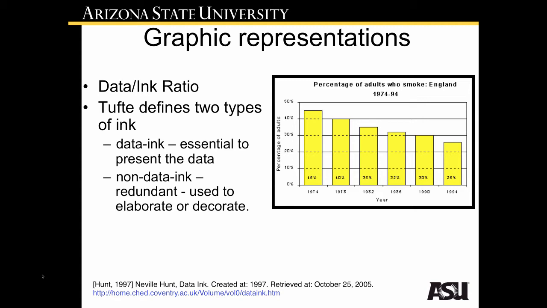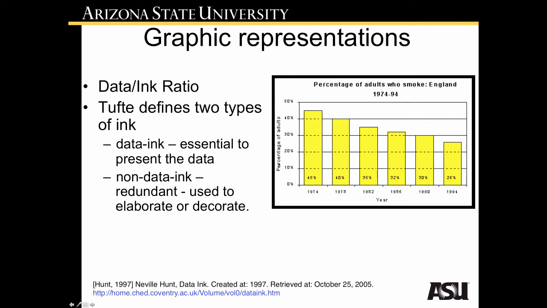Here's a display that's chock full of non-data ink. So for example, over here it says percentage of adults. Up here it also says percentage of adults who smoke in England. Over here you can see the years 1974 to 1994. So you could potentially get rid of these years.